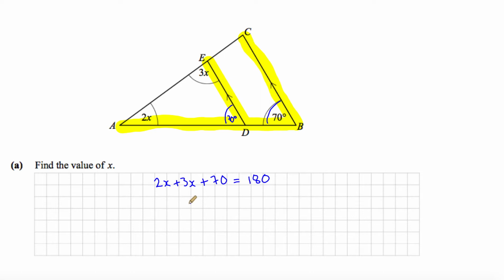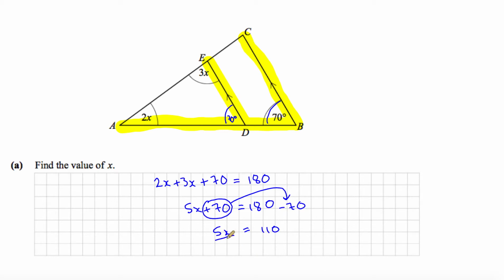2x plus 3x is 5x plus 70 is equal to 180. I'm then going to take this plus 70, bring it over here, make it negative. So that gives me 5x is equal to 180 minus 70, which is 110.